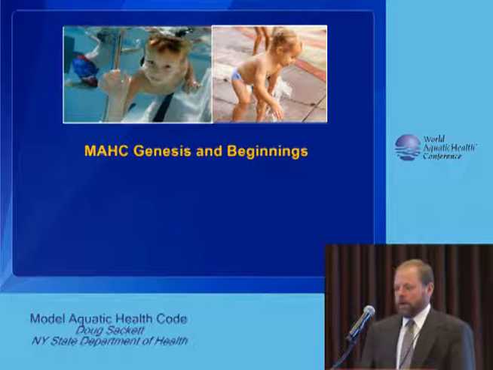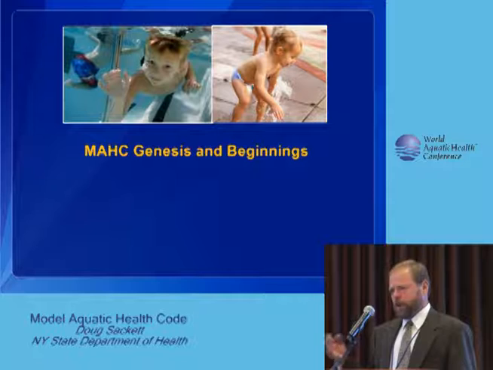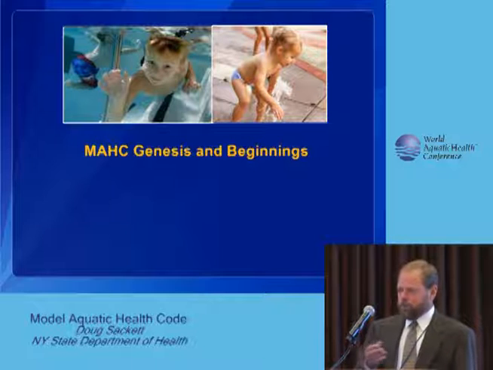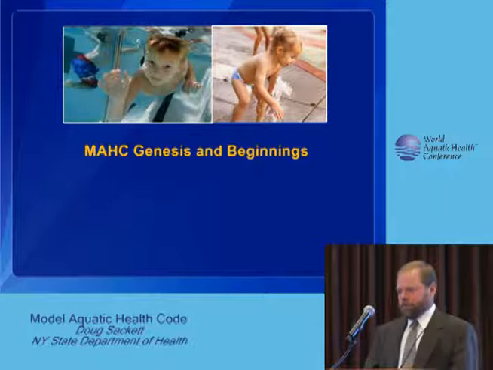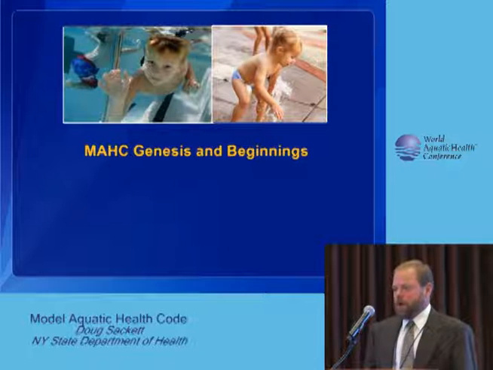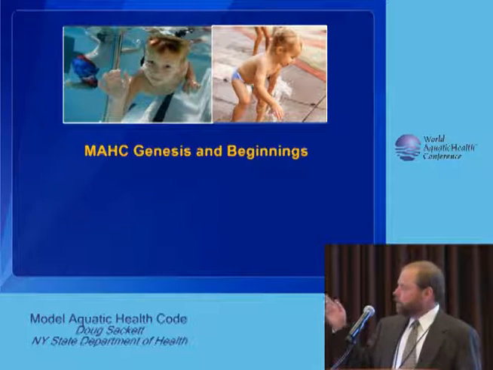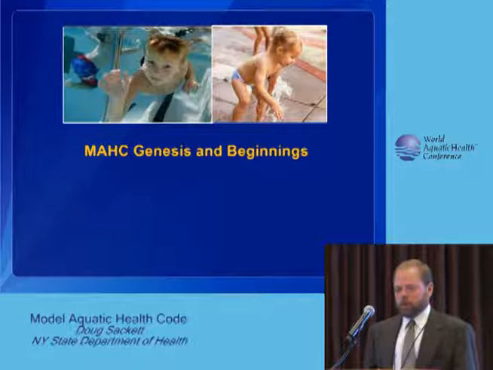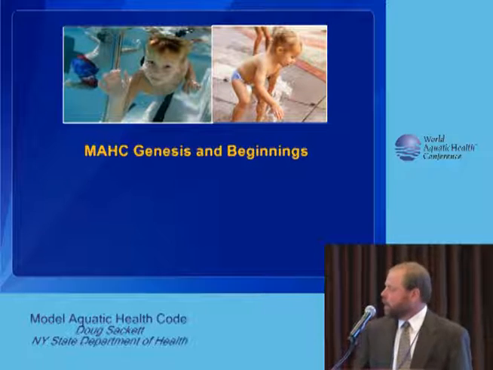We get a new type of pool. If 12 was good for that, 10 must be good for this, 4 must be good for that too. And we step back and say, where did it all come from? We lose sight, if we ever did know, of the basis for some of these. So a key element of this model code is delving down into the weeds and making sure we understand what we're trying to accomplish and what the basis for that is. What is the science behind that?